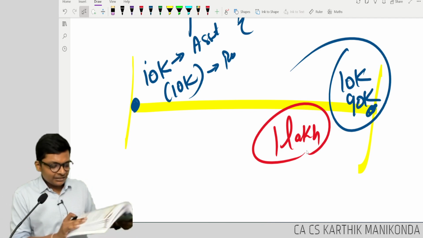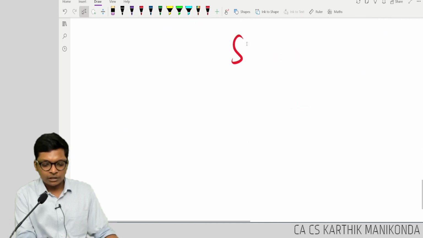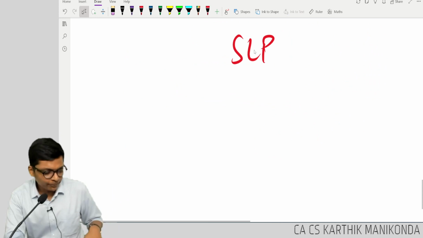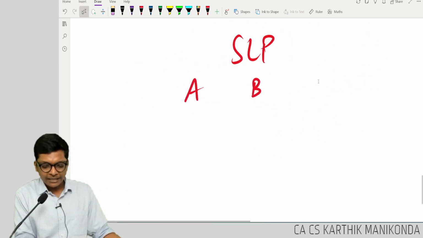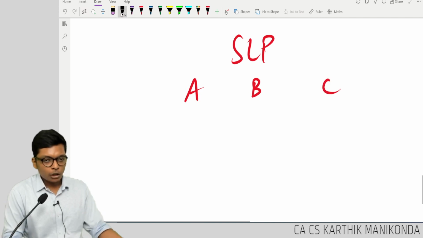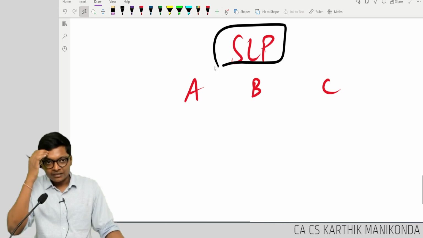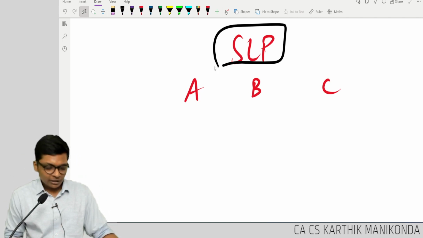Clear? Next is SLP. First time we are seeing it now, single life policy. I am using the same example that is there in the book, 8.145. Let's take three partners A, B, C. I'll tell the logic and the method. SLP means they are all going to take single life policies. Each of them is going to take a separate policy, but the policy premium will be paid by the firm.